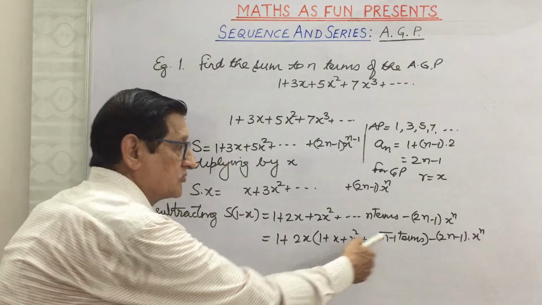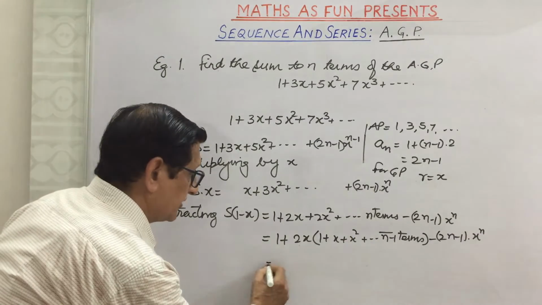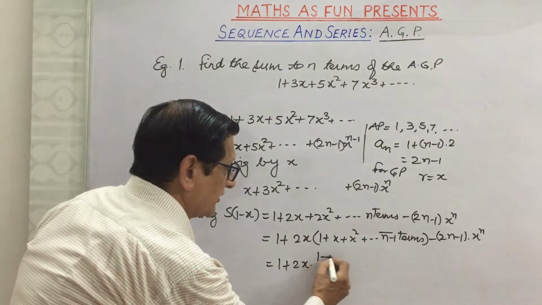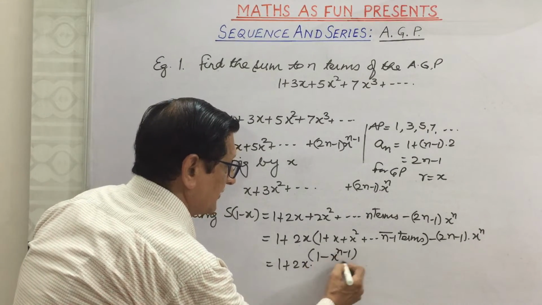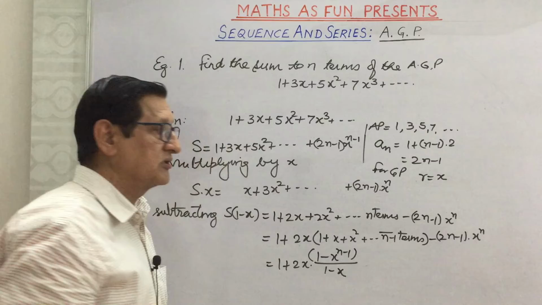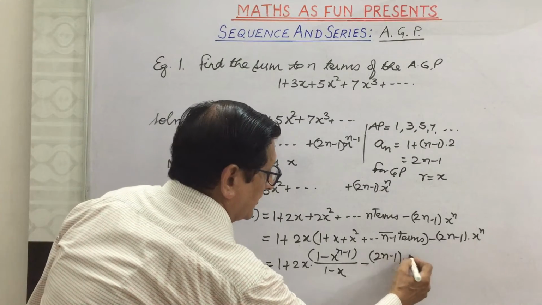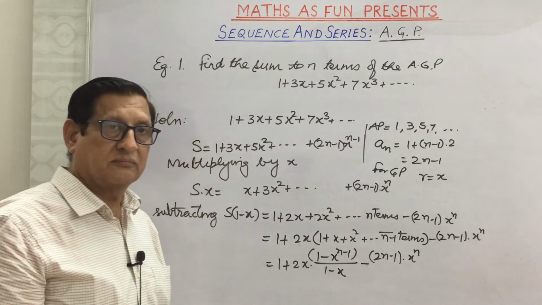We know the sum of n terms of GP. If we apply that here, this will be 1 plus 2x into 1 into 1 minus x to the power n minus 1 upon 1 minus x, minus 2n minus 1 into x to the power n.